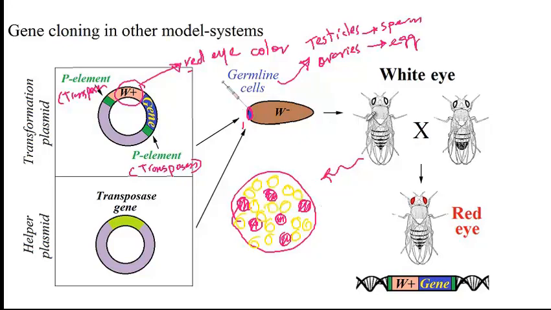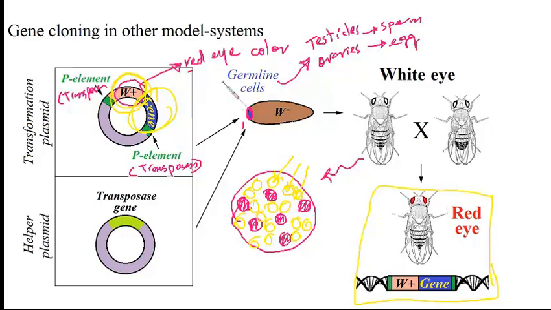Now from here on we will mate this fly with another fly of white eye color and check their progenies. Any progeny that has white eye color means that they didn't pick up the gene, alright, so we toss them away. But the ones that have red eye, they have picked up the gene of interest as well as the W plus gene. So now here we have a fly that has the gene W plus and the gene of interest cloned inside.